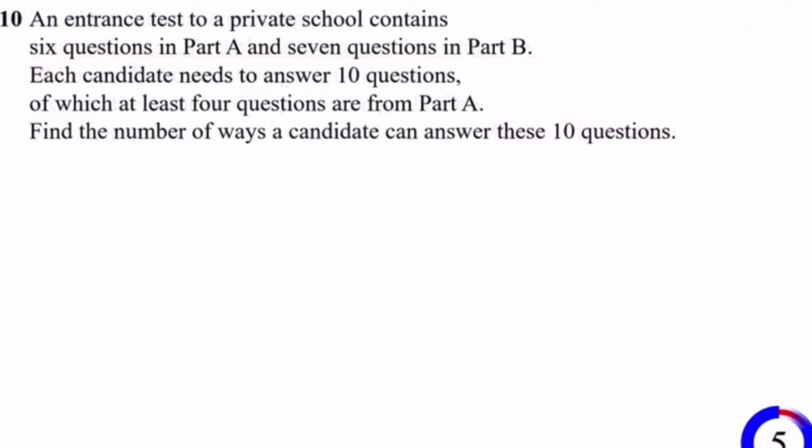An entrance test to a private school contains 6 questions in part A and 7 questions in part B. Each candidate needs to answer 10 questions, of which at least 4 questions are from part A. Find the number of ways a candidate can answer these 10 questions.